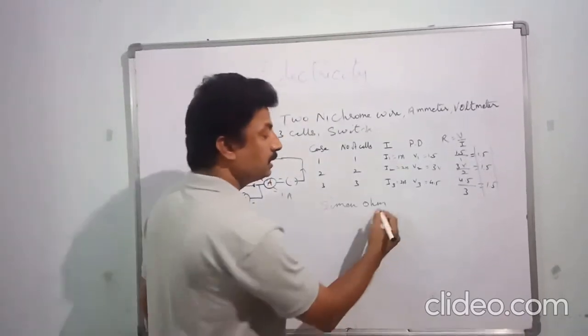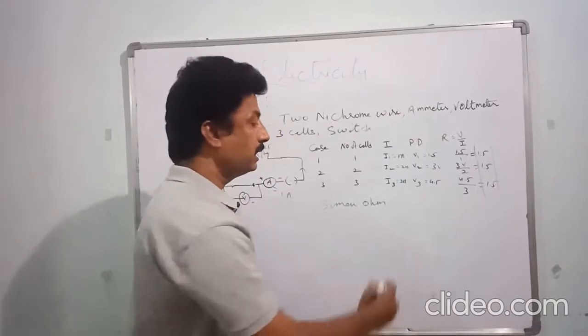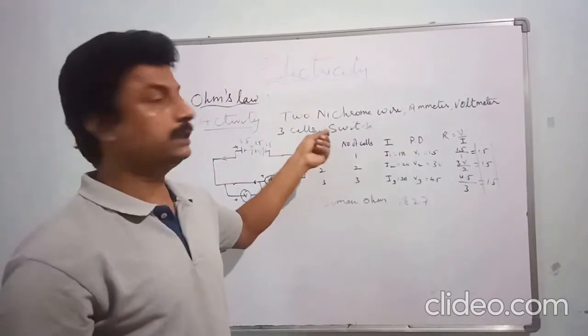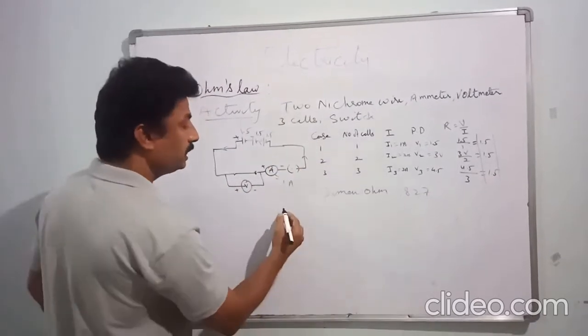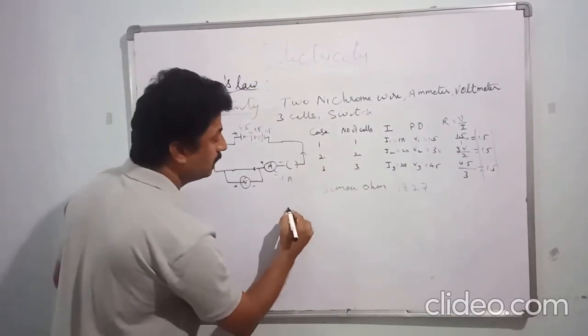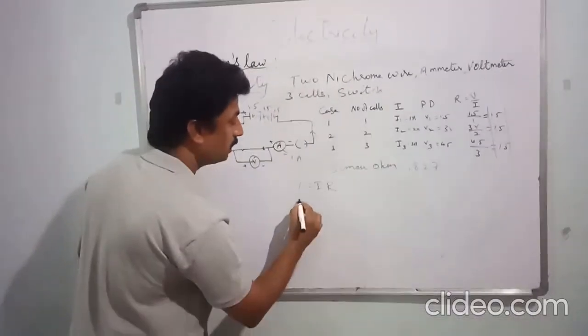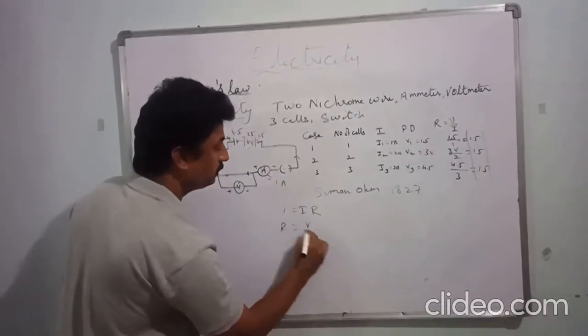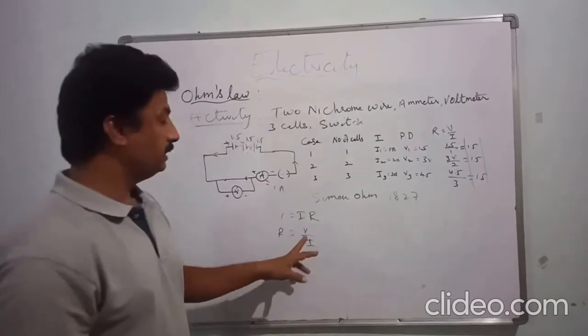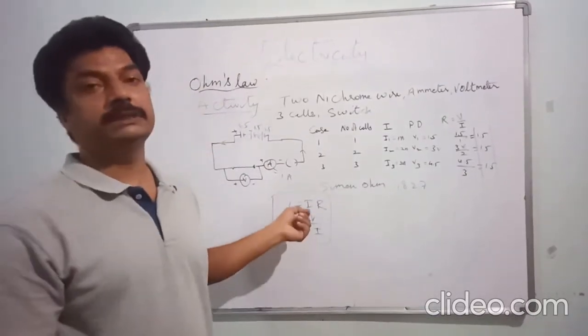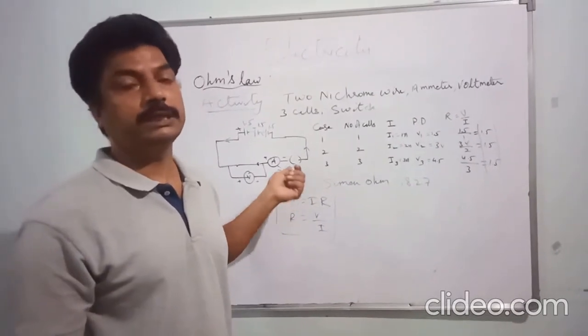So Simon Ohm told this relation in 1827. This relation is very important: V is equal to IR, or you can write R is equal to V by I. Anything you can take. These are very important equations. You will have numericals on this chapter.